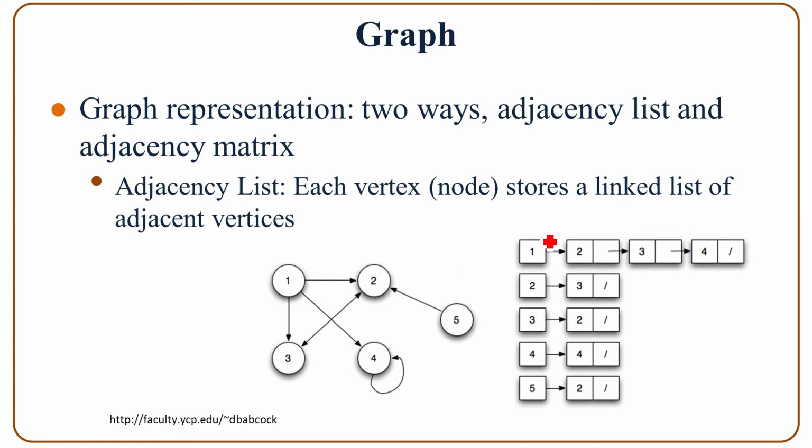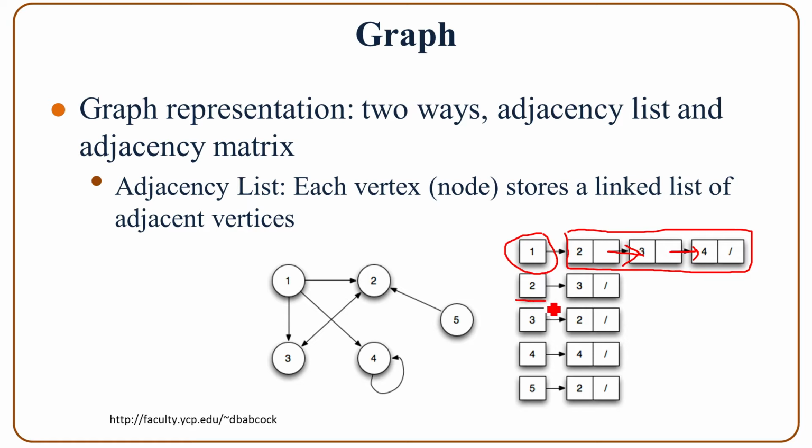So node 1 previously stored a list of node 2, 3, and 4. Now it stores a linked list. The linked list has node 2 pointing to node 3. And node 3 in turn points to node 4, and that is the last node in the linked list.